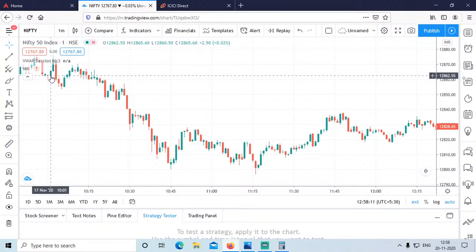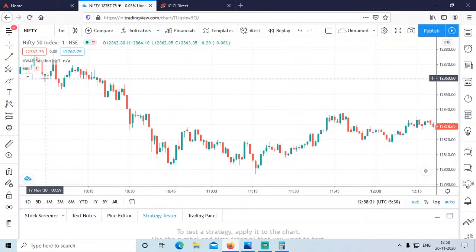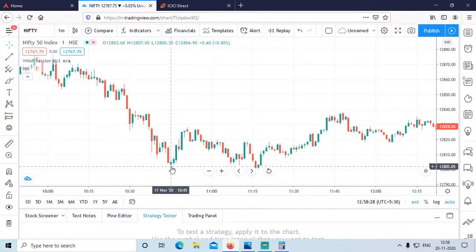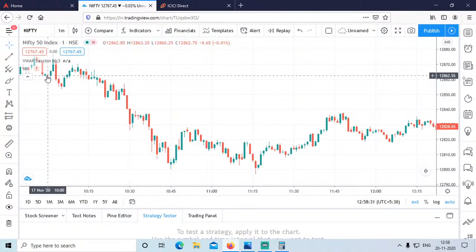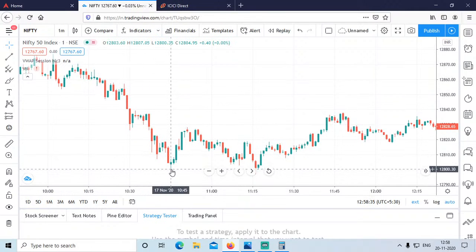From 12,862 the market crashed to 12,800. Okay, this is what I was telling. Once you enter, the first 1 hour you have to be careful, and exactly on Tuesday the first 1 hour market moved in a single direction of negative. That is why you got loss.